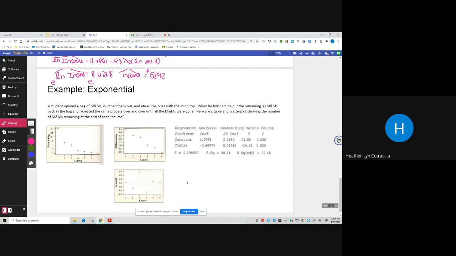We are going to do the natural log of remaining predicted is equal to your constant 4.0593 minus 0.68073, and that will be times the course.